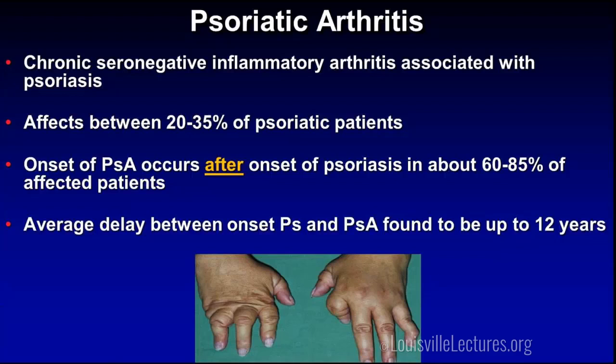And importantly, in the majority of patients, skin psoriasis will occur before the onset of psoriatic arthritis. In some studies, as high as in 85% of all patients. And additionally, studies have shown that the lag time between onset of skin psoriasis and onset of psoriatic arthritis can be between 4 and even 12 years.